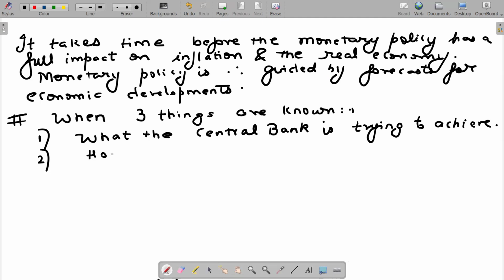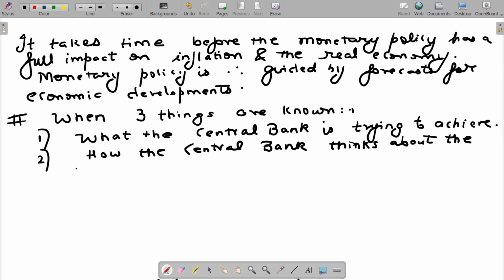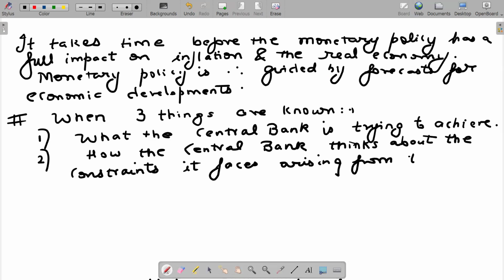How the central bank thinks about the constraints it faces arising from the behavior of the private sector.